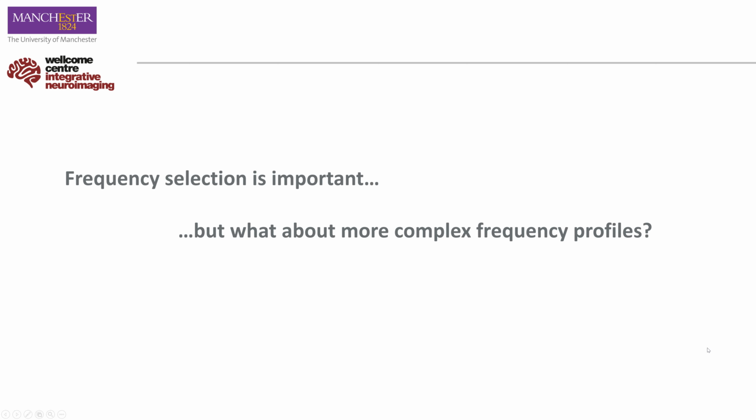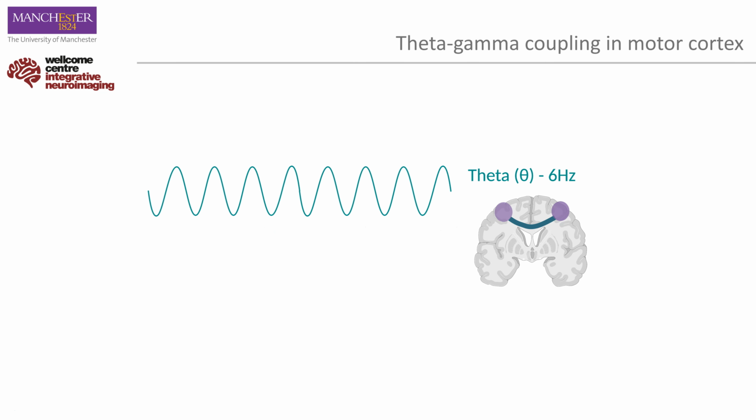Okay, so hopefully I've persuaded you now that frequency selection is important when it comes to inducing plasticity in cortical or neural networks. But what about more complex frequency profiles? There is lots of evidence from animal literature, particularly from the late John Lisman's lab, that learning paradigms, especially in the context of working memory, are associated with gamma activity that is amplitude modulated by the phase of the underlying theta activity.